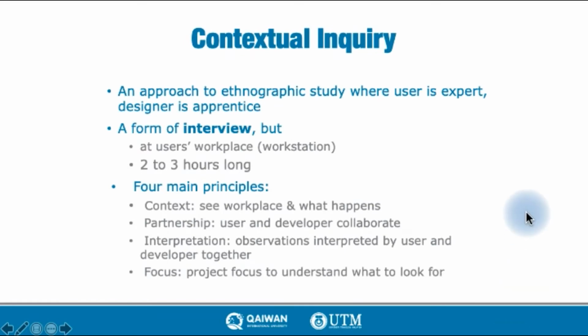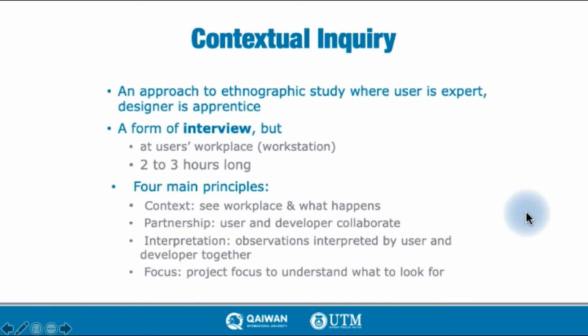And then the contextual inquiry. Usually contextual inquiry is what you do after you have done the interview with your respondent. You will have books and write down all the things that you have discussed with your respondent, or even make some recordings of their voice while they are answering your questions.